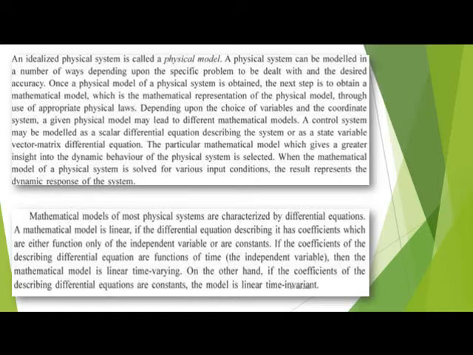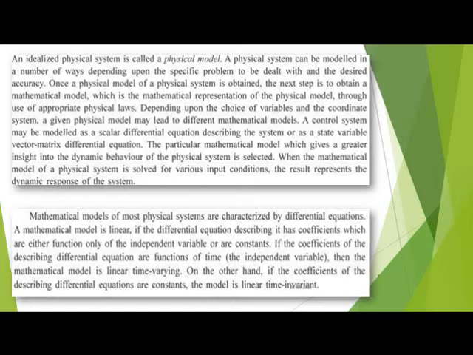Depending upon the choice of variable and coordinate system, a given physical model may lead to different mathematical models. A control system may be modeled as a scalar differential equation, or described in state variables, which is nothing but a vector matrix differential equation.